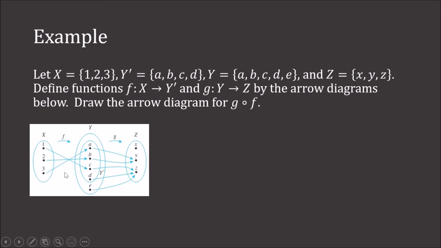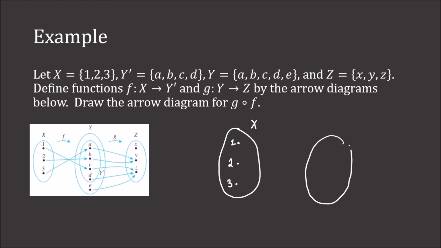We want to draw the arrow diagram for g of f. All right, so the domain of g of f is x, so 1, 2, and 3. The codomain of g of f would be z, which is x, y, and z.